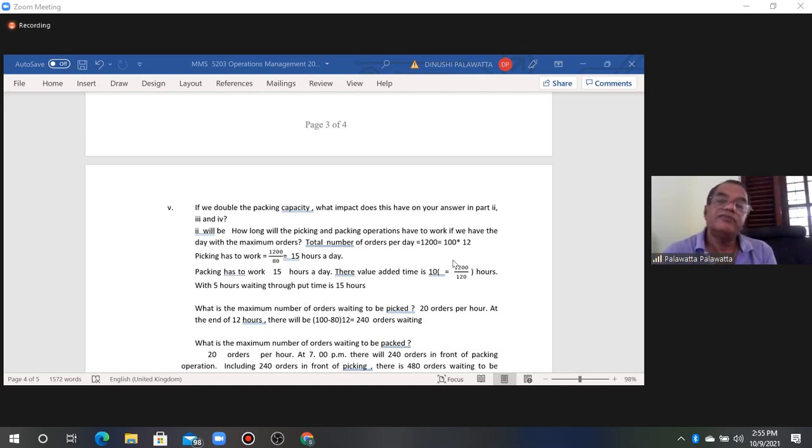And then the balance 5 hours packing will be idling. So waiting in the sense idling. With 5 hours waiting, throughput time is 15 hours. Got it?